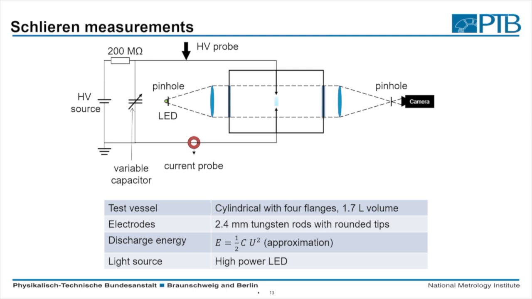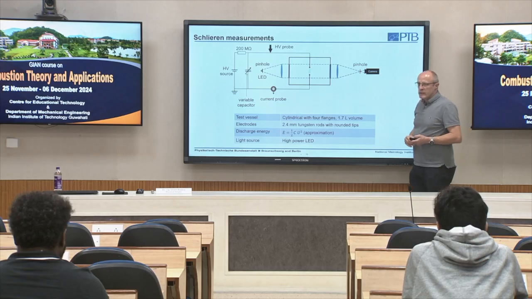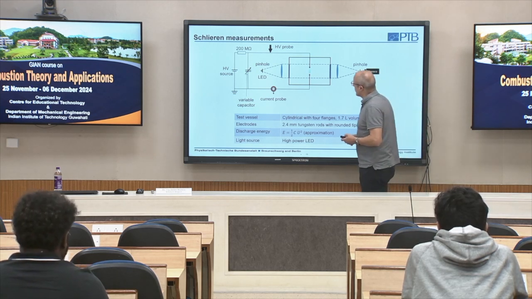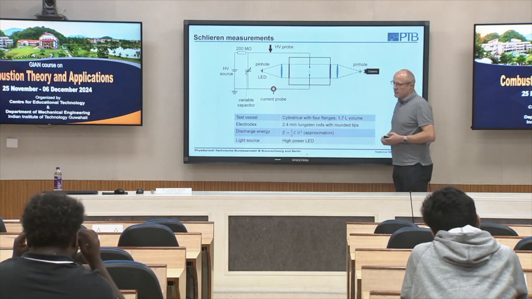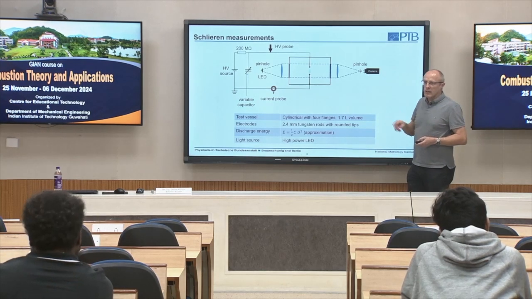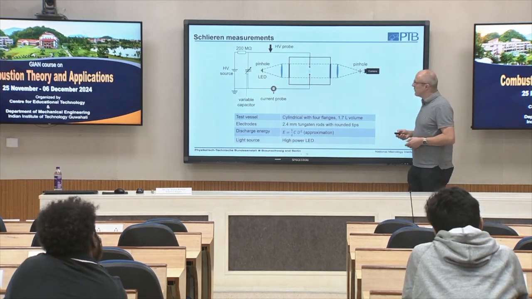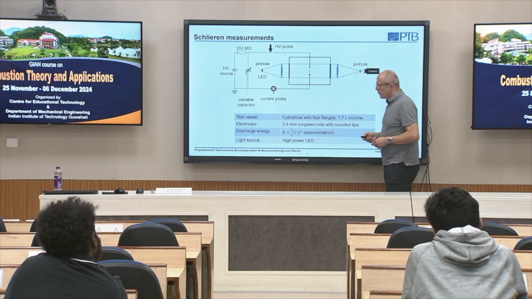That means if there are density gradients in the system, the light is deviated in special directions, and this is then blocked by our pinhole. So we see this change of path of light with brighter or darker regions in our Schlieren image.